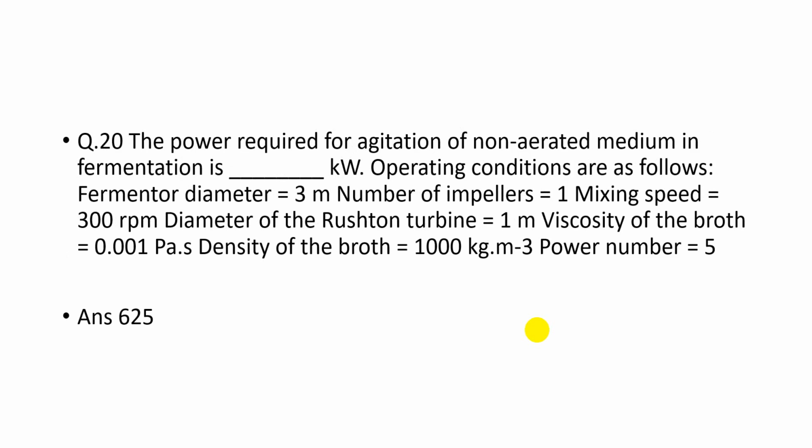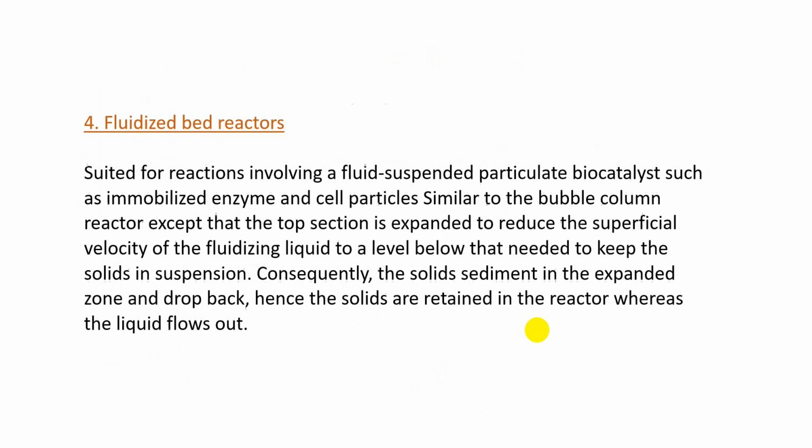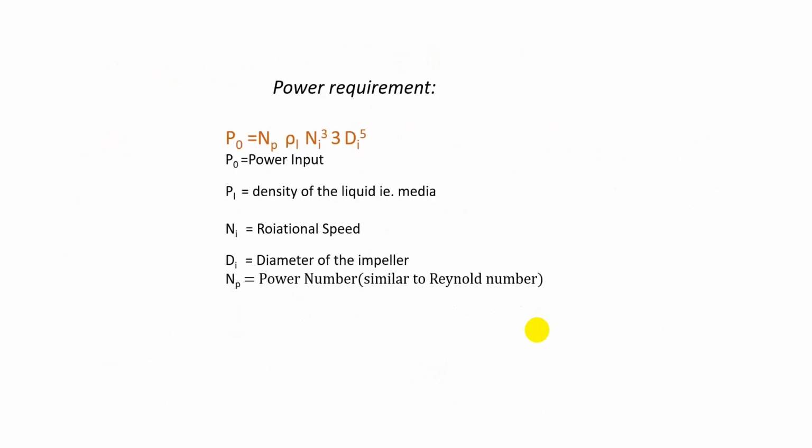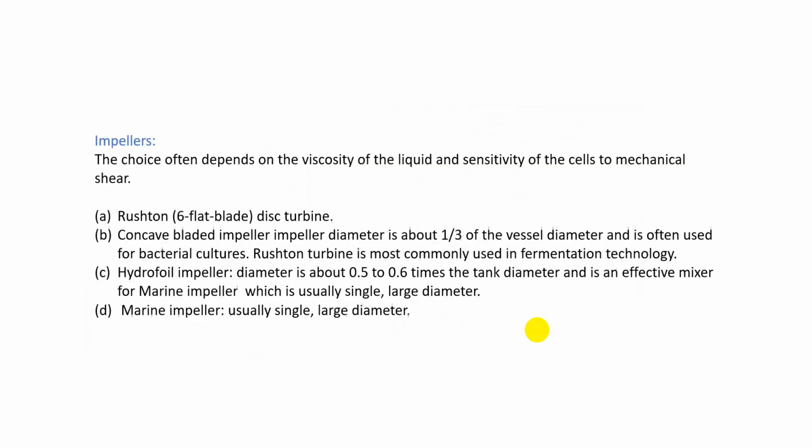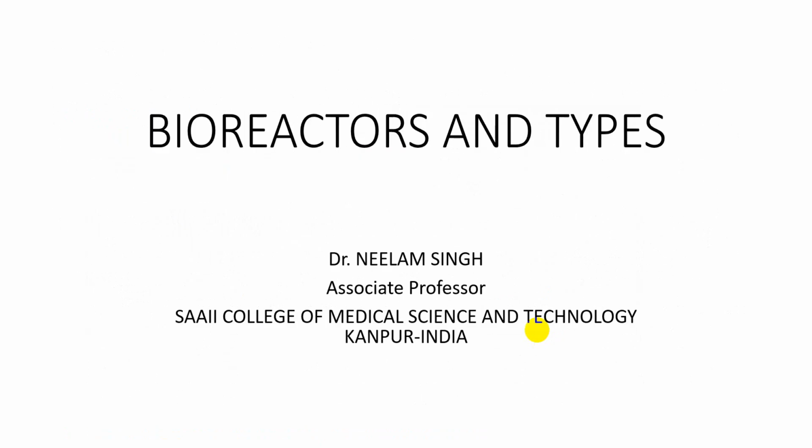Then the power required for agitation of non-aerated medium is, so all the parameters are given, and I have told you the formula for the power requirement. P0 is equal to NP into rho L into Ni to the power 3 into Di to the power 5.